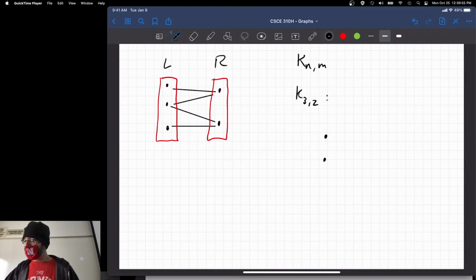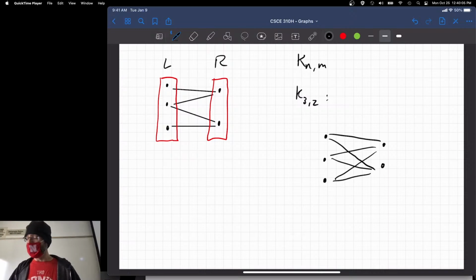There are 3 vertices on the left, 2 vertices on the right, and every single possible connection is there. So you can come up with statistics on, in a complete bipartite graph, how many edges there are, et cetera. And it's just going to be n times m. 3 times 2 here would have been 6. Yeah. Okay.